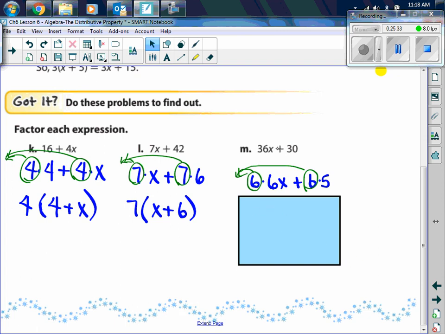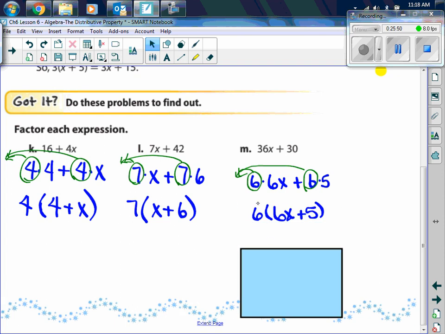So 6 times 6x gives me 36x, and 6 times 5 gives me 30. So now, once again, we're going to take the 6, and that's going to be written on the outside of the parentheses, and whatever is left stays inside the parentheses. So we have 6x plus 5 left inside the parentheses. So our factored form of 36x plus 30 is 6 times the quantity, 6x plus 5.